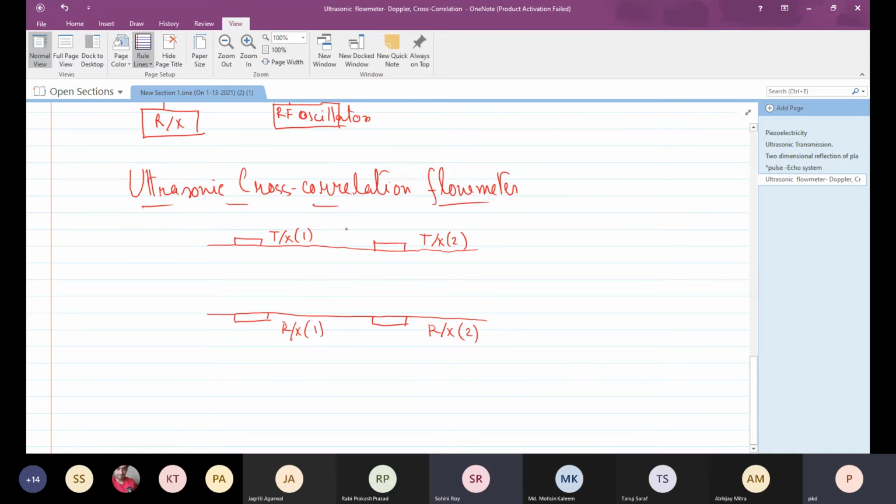Sir, what is the function of an RF oscillator? It's a voltage controlled oscillator where you can generate a radio frequency level electrical signal.